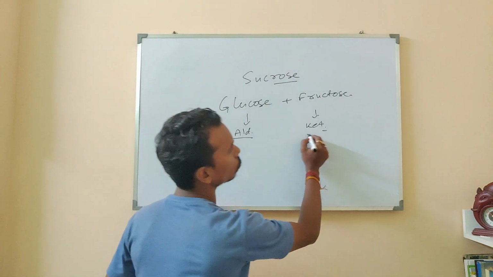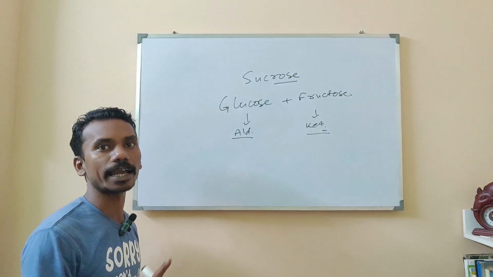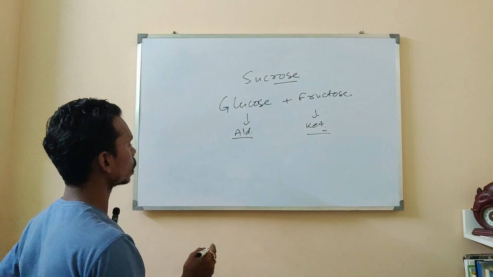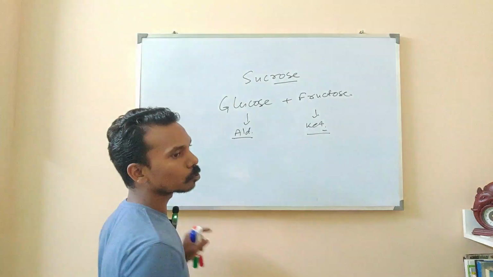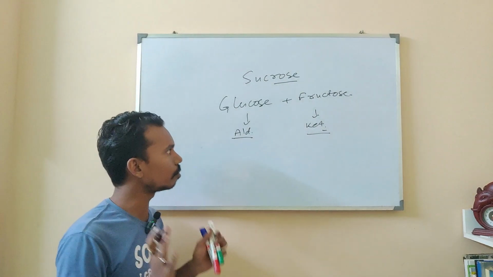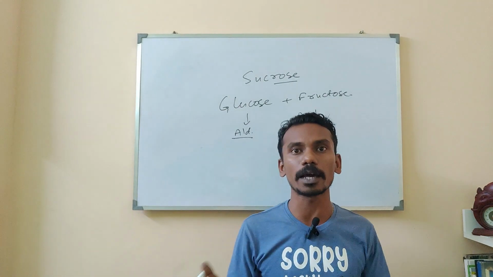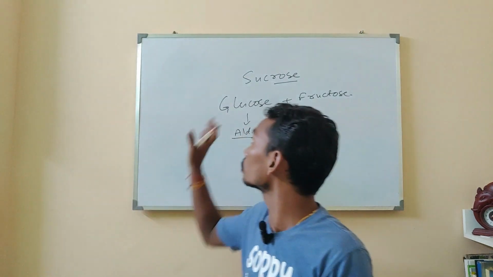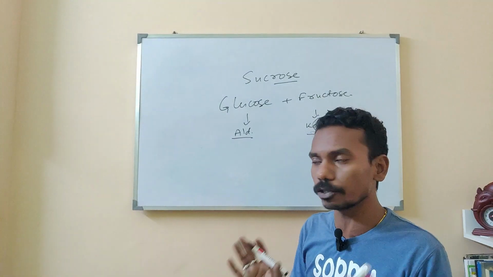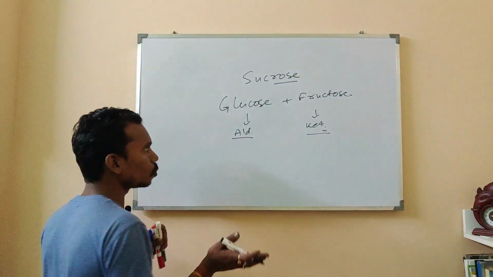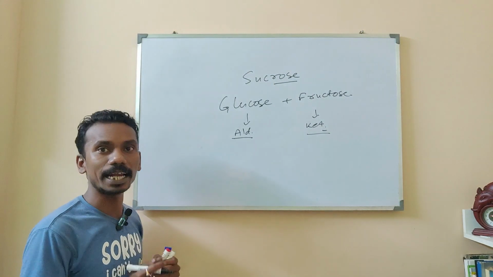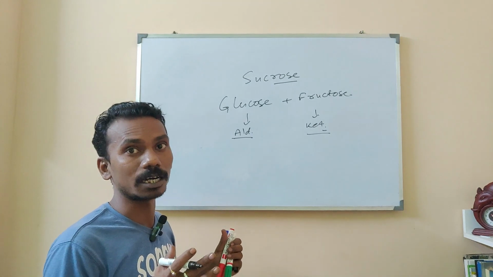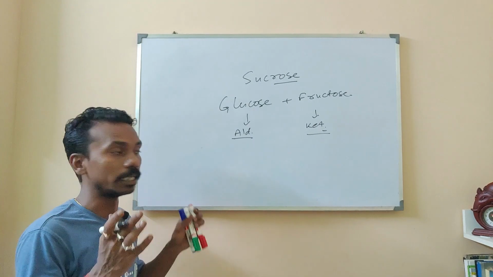Aldehyde alone or ketone alone is going to act as a reducing sugar, but in the case of sucrose, the aldehyde and ketone groups have vanished here. They have not been able to get free from this molecule, that is, the molecule is not going to act as a reducing sugar. So let's see how the aldehyde and ketone groups are fused together, or vanished together.